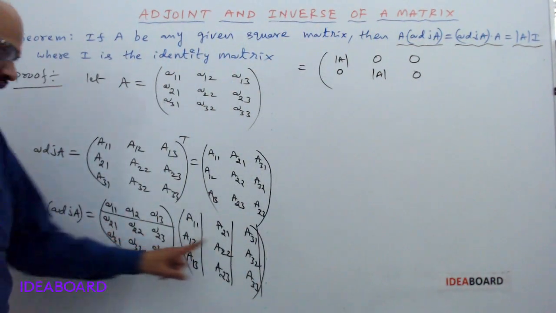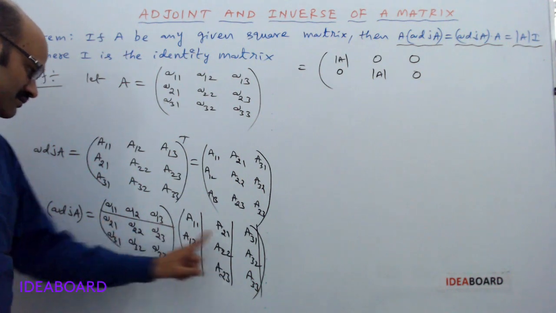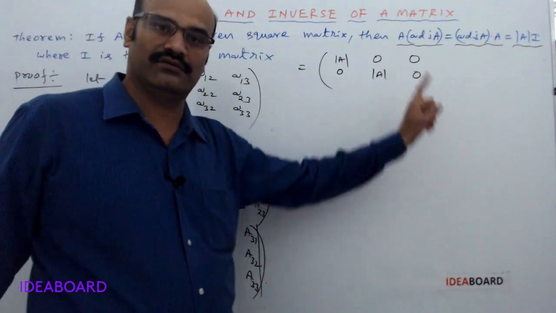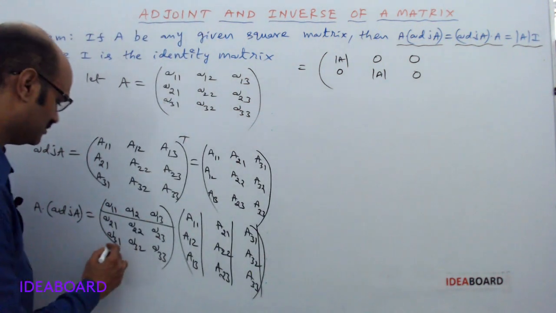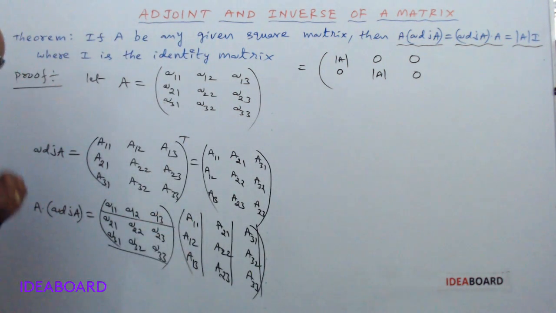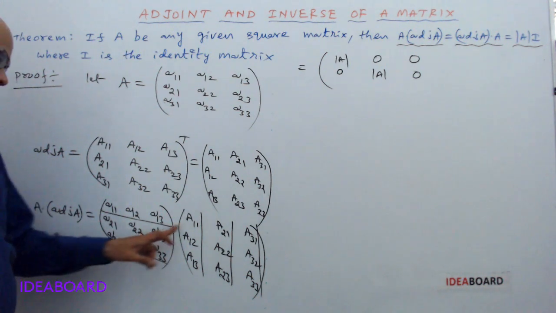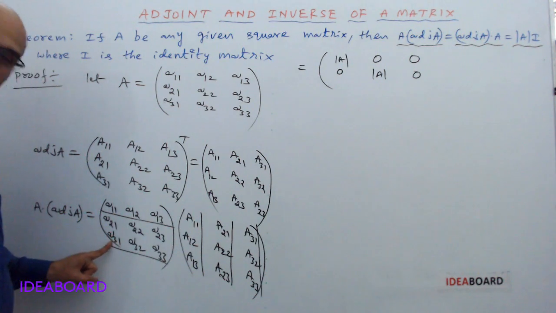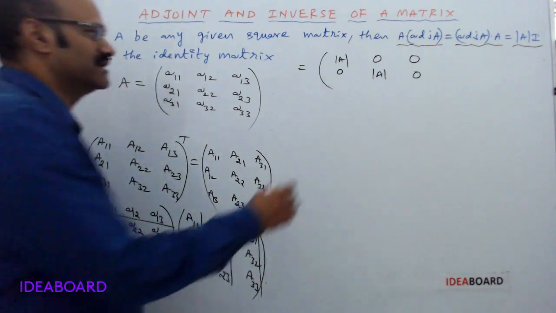See here, a21 into A31: this is not the corresponding cofactor, that's why it is equal to 0. Similarly, come to the third row and first column. Here we have a31, and A11 is not the corresponding cofactor of this one, so it is equal to 0.